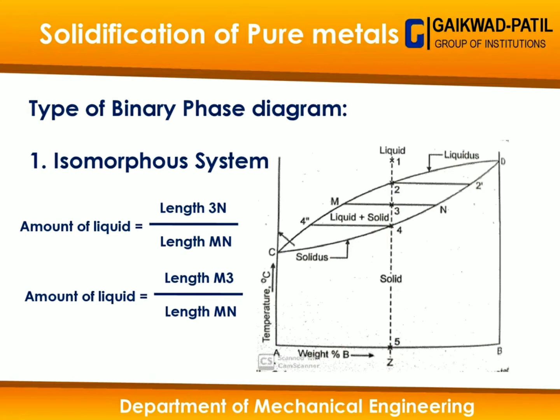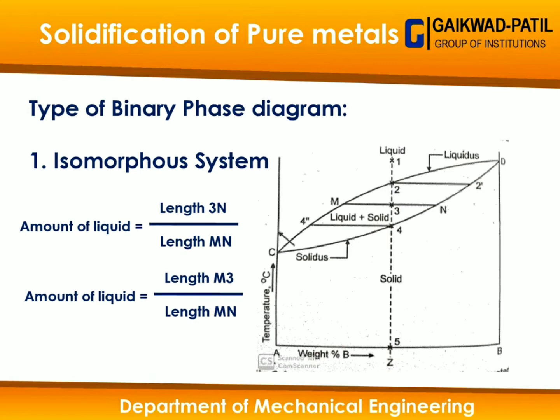The CD graph we call the liquidus, and the DC graph we call the solidus. The region below the solidus we call solid, and the region above the liquidus we call liquid. When we need to calculate the amount of liquid, we divide an arm with the equilibrium line, which we can call the MN line.